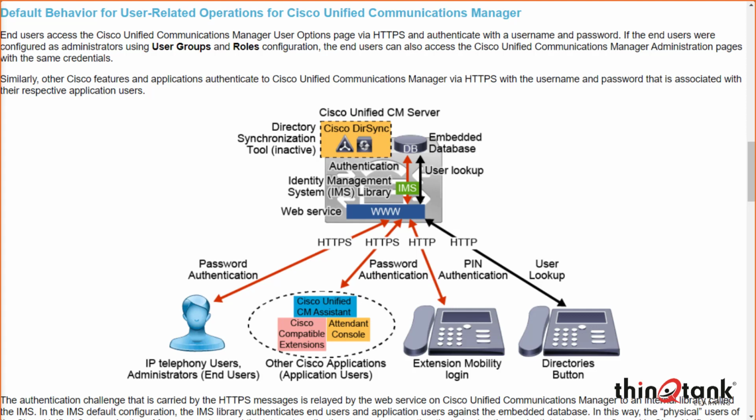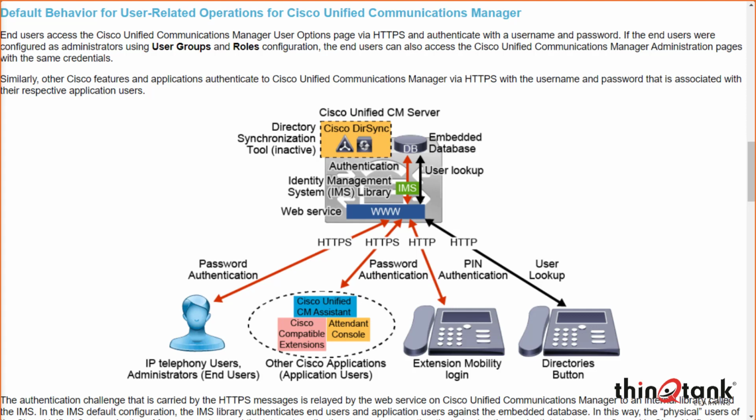So the whole focus of this section obviously is populating that internal database with the integration of LDAP. We can see the different applications like Attendant Console, Cisco Compatibility Extension, and Cisco Unified CM Assistant that require app authentication.